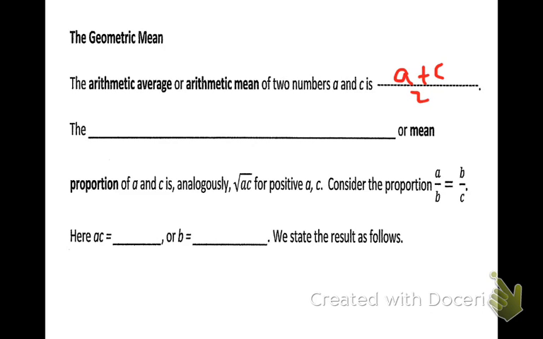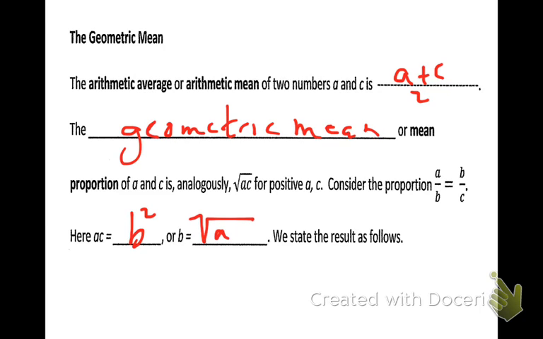The geometric mean, or mean proportion, of A and C is the square root of AC for positive AC. Consider the proportion A over B equals B over C. Here we have AC equals B squared, or B equals the square root of AC.